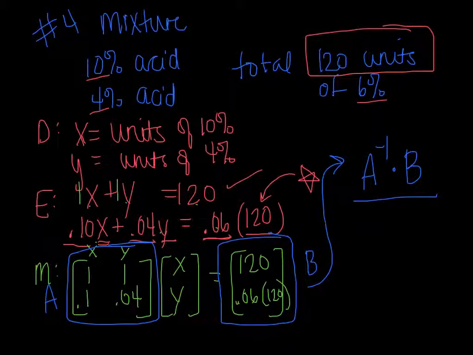It's typed up and it's on the website. So once you do this, you're going to come up with your solution. Go ahead and hit pause, put the coefficient matrix in, put the constant matrix in, and then tell the calculator A to the -1 times B, and we'll compare our answers.